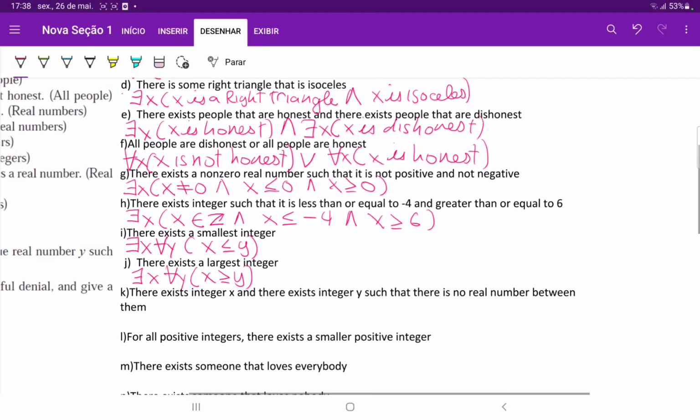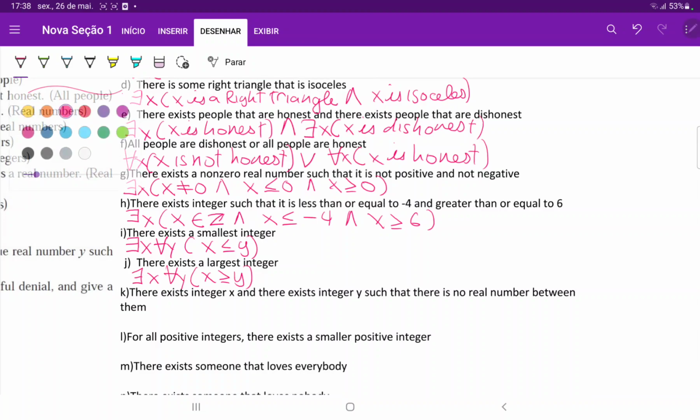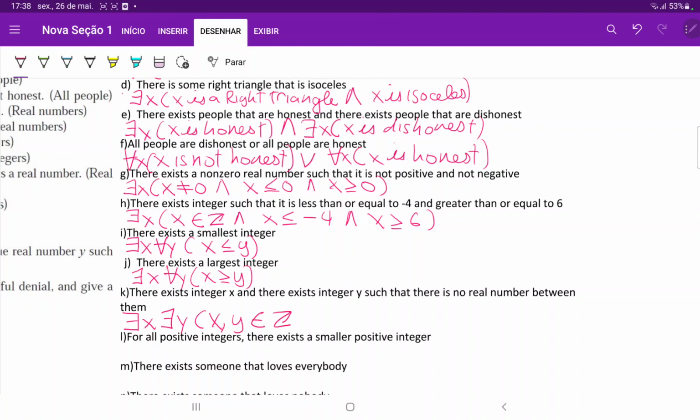For K, we're saying there exists an integer x and there exists an integer y, right? So here there exists an x and there exists a y, such that x and y belong to the set of integers, and there's no real number between them, right?